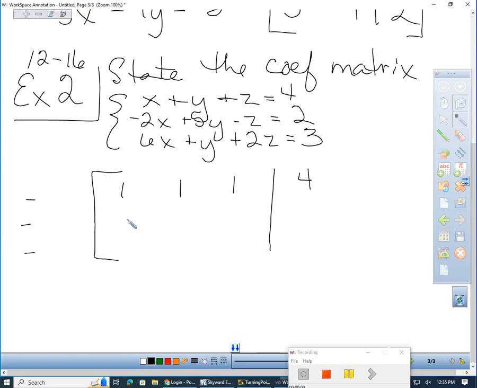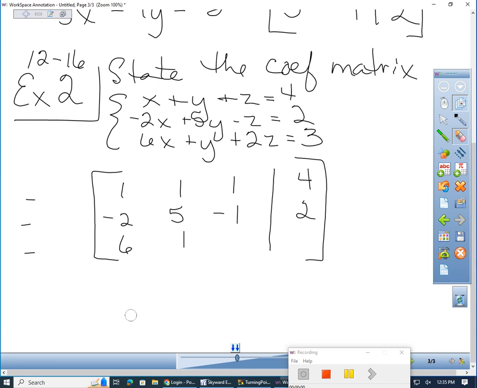Second equation, I have negative 2x, 5y, negative 1z, and 2. And my last equation, I have 6, 1, 2z equals 3.